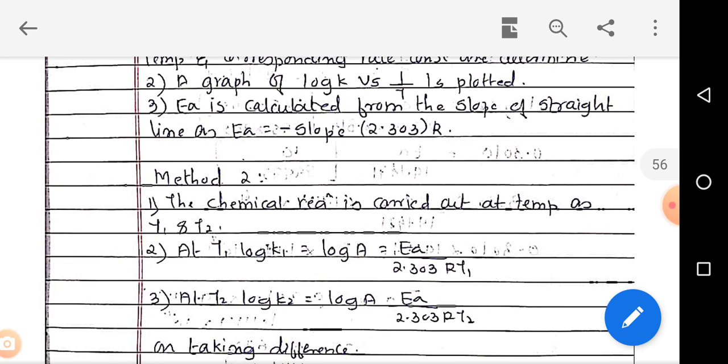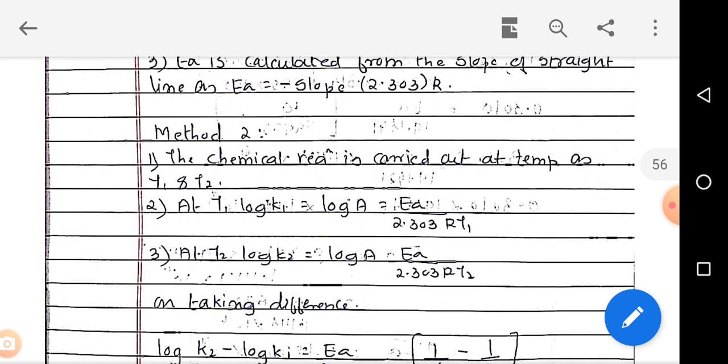After plotting the graph and finding these values, we can find out the activation energy. Ea is equal to minus slope times 2.303 R, with some constant values.